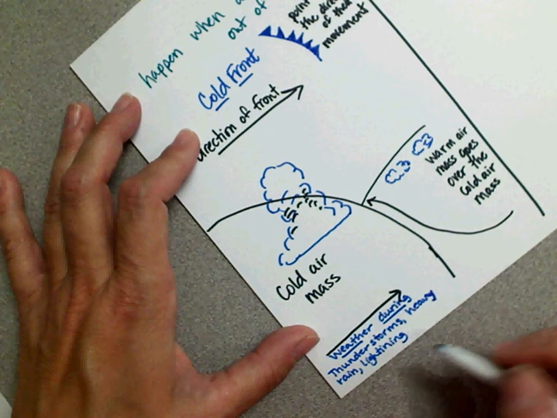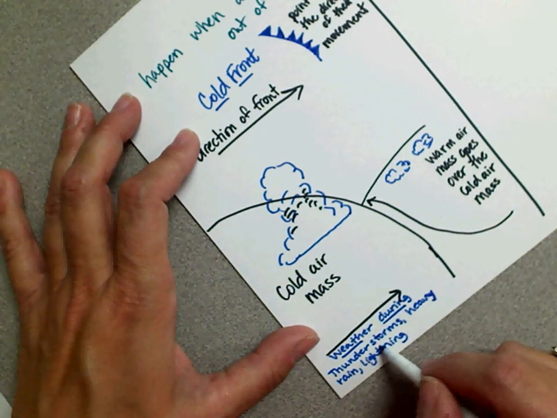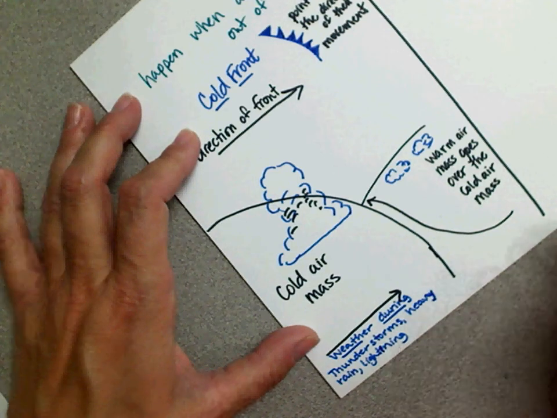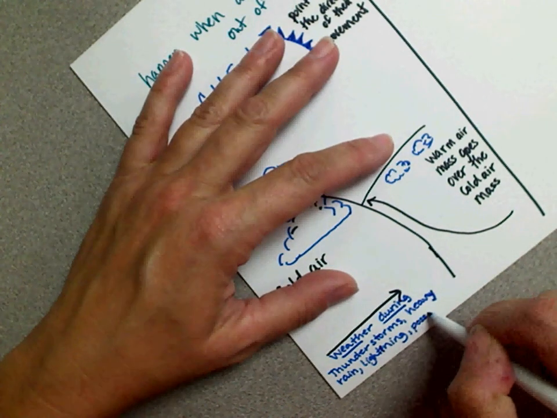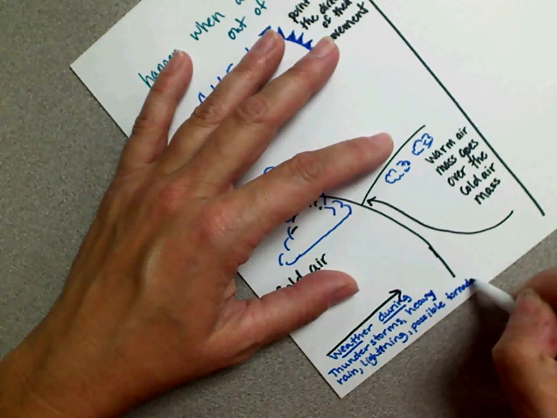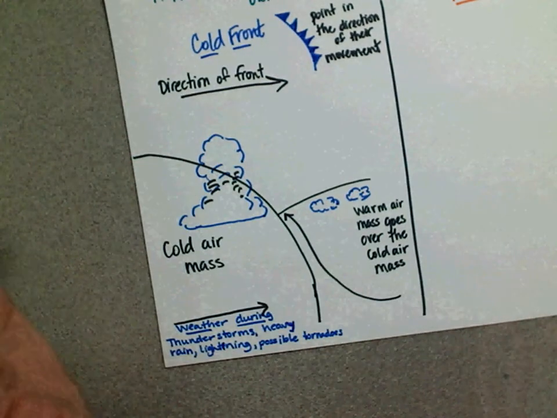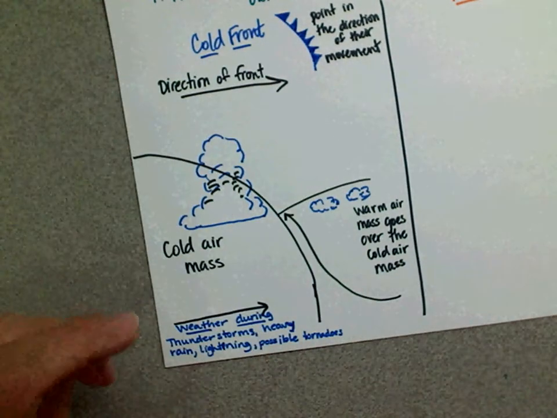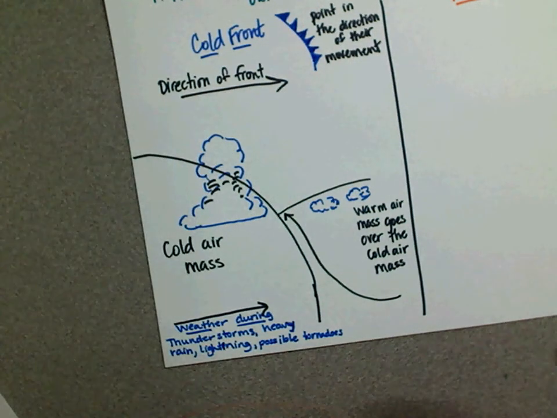I don't think I spelled that right. No, right there. Okay, lightning. Possible tornadoes even. This is a really, really mean cold front here. This cold weather comes in and takes over. Okay?